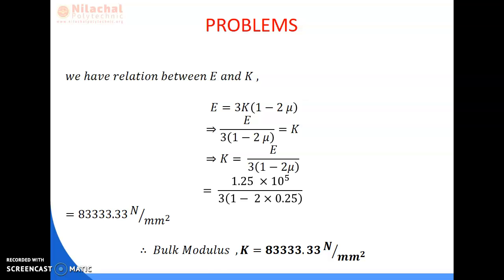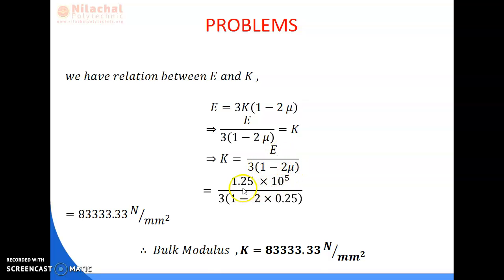Next, the relationship between E and K is also already known to you. E is equal to 3K into (1 minus 2 mu). That is, E divided by 3 whole bracket (1 minus 2 mu) is equal to K. So K is equal to E divided by 3 whole bracket (1 minus 2 mu).